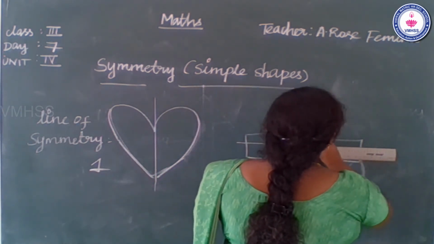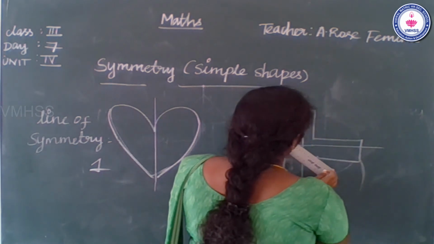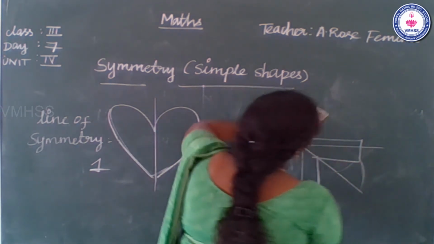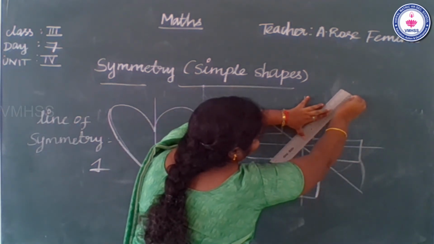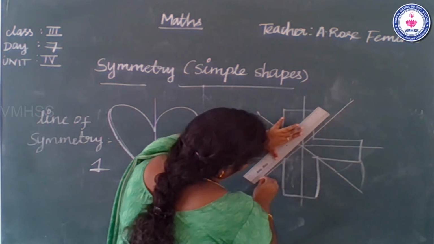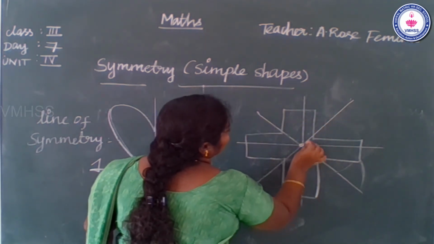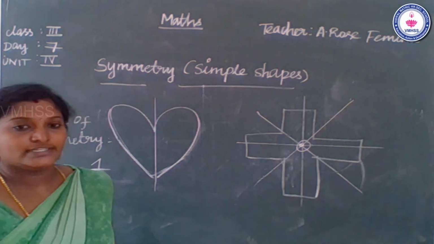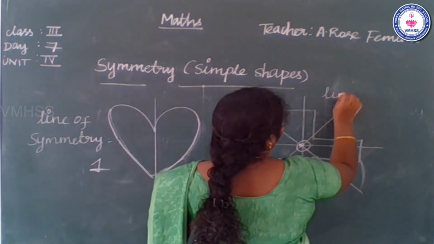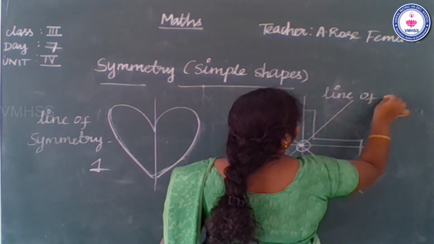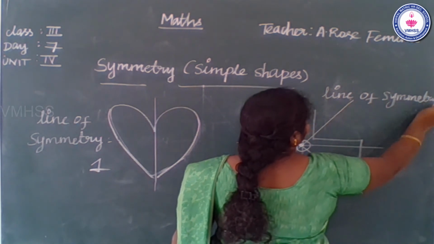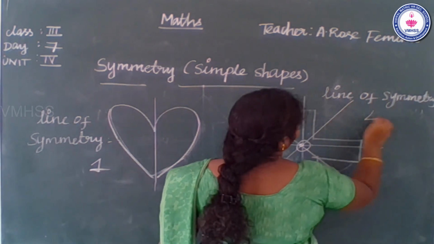Okay. 3 and 4. So 1 point. So it's the first point. So line of symmetry is 4.